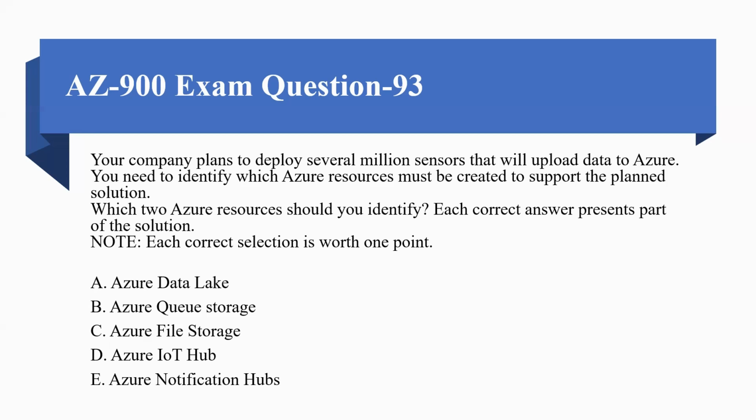So what does the question say? The question says that our company is planning to deploy several million sensors that will upload data to Azure, and we have to select which Azure resources must be created to support the planned solution. We have to select any two Azure resources. So the correct options could be option A, Azure Data Lake, and option D, Azure IoT Hub.